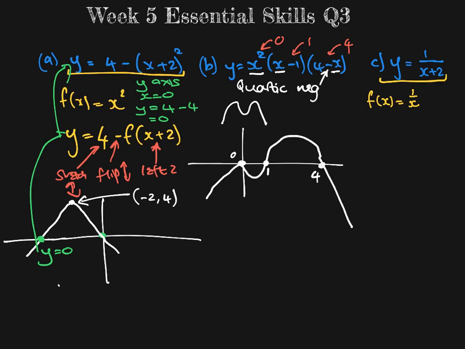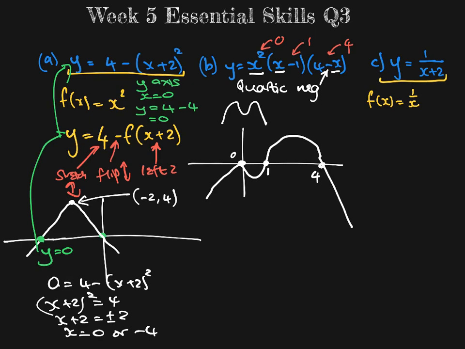So if y is 0, 0 equals 4 minus x plus 2 squared. So x plus 2 squared is 4. So x add 2 is plus or minus 2. So x is 0. That's where I do 2 minus 2 or minus 4. So this would be the point minus 4.